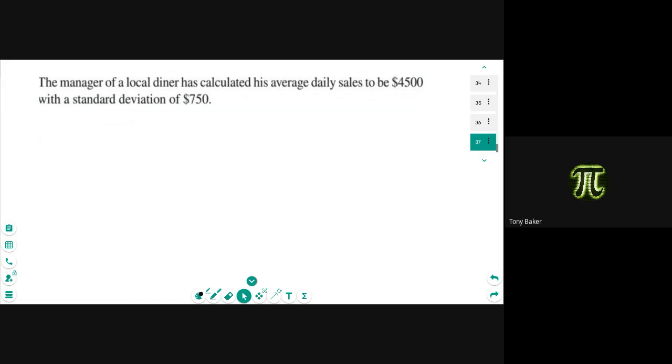How many days out of the year would you expect their sales to be below $2,250? Is it 0.3%? No.